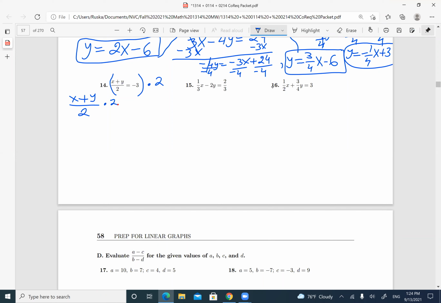When I multiply by 2, it's going to cancel the 2 in the bottom. Equals -3 times 2 is -6. And then we get x plus y equals -6. So here we have to subtract x on both sides. And you're going to get y equals -x minus 6. And that's it. We already have y by itself.